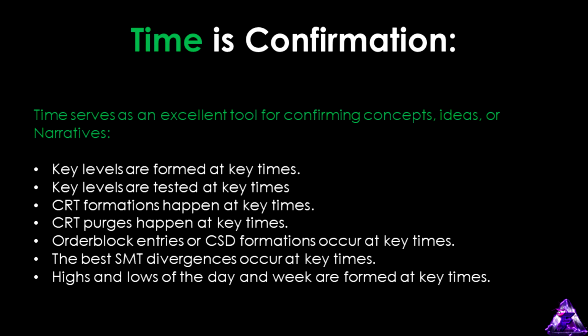If you reverse engineer my trades, you'll notice that most of my entries are made at key times. This is because I wait for the price to test a key level at a key time, for the purge to occur at a key time, for SMT divergence to provide confirmation at a key time, and finally, for the CSD to happen at a key time. Once everything is perfectly aligned, that's when I take my entry.